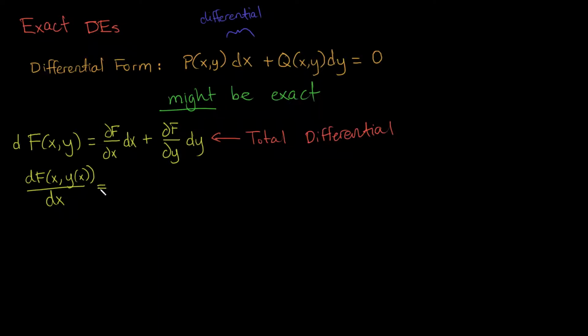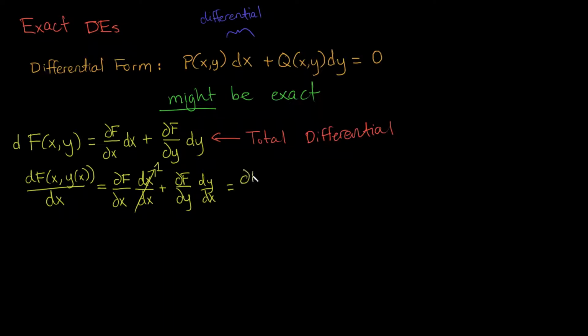Well, this is the multivariable chain rule, so we would get, okay, how fast is f going to change when you change its x component times how fast the x component is changing, which is dx over dx. And then we're going to have, okay, how fast is f going to change when you change its y component, which is partial f partial y, times how fast is the y going to change. The y is going to change at a rate of dy dx. Now obviously dx dx, that's just 1.